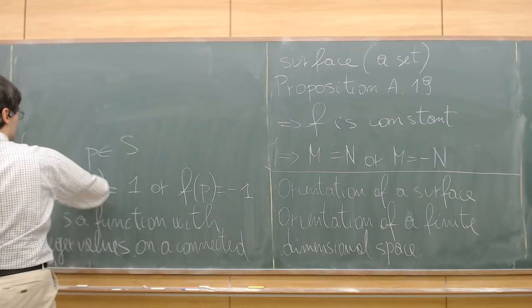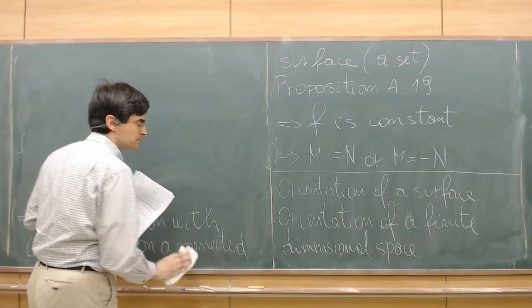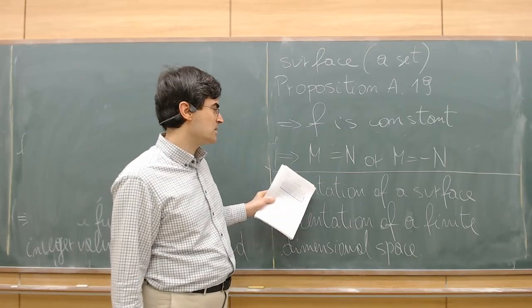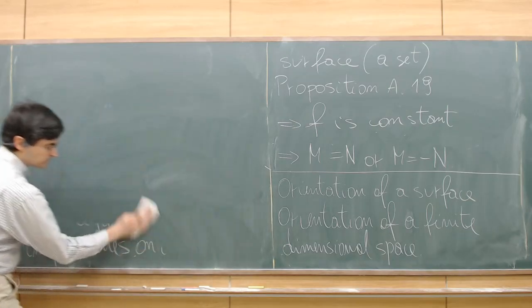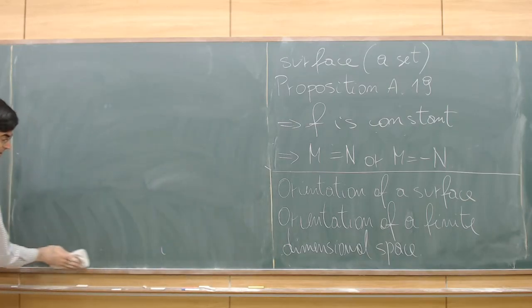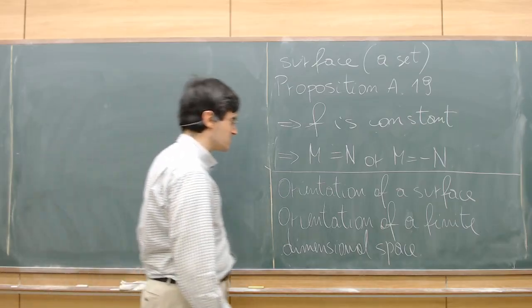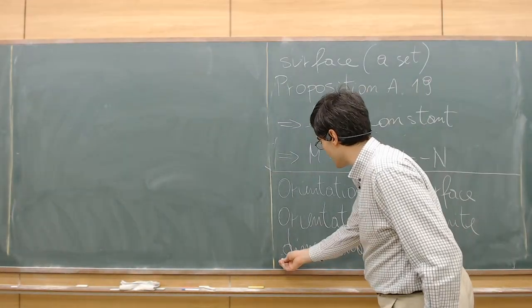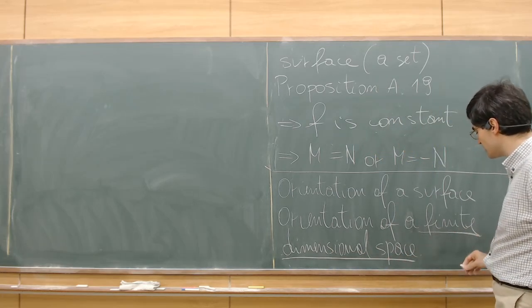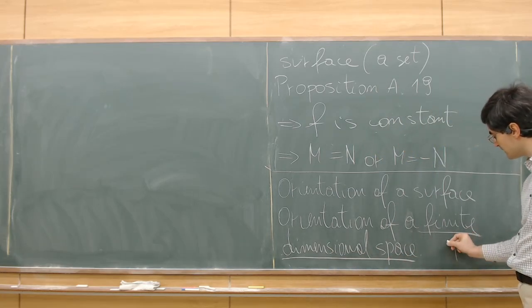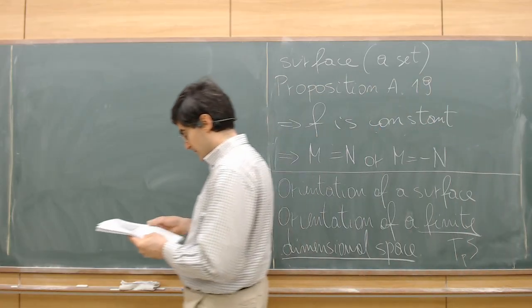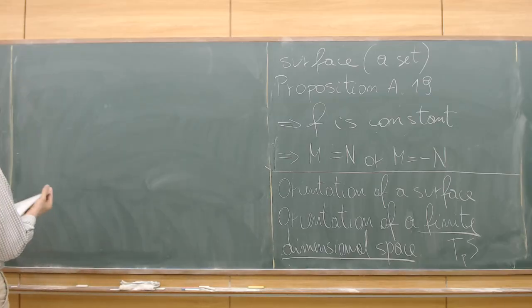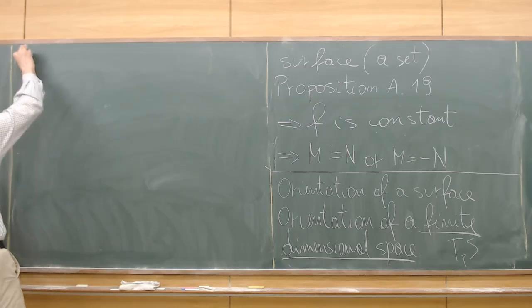Is there any relation between these two notions? The answer is yes, if we look at the finite dimensional space. Precisely, we have to look at the tangent space of a surface. And in order to understand what I'm saying, I need one definition.